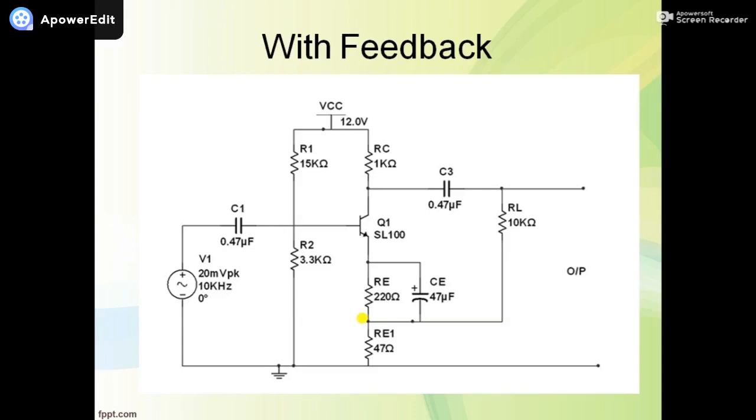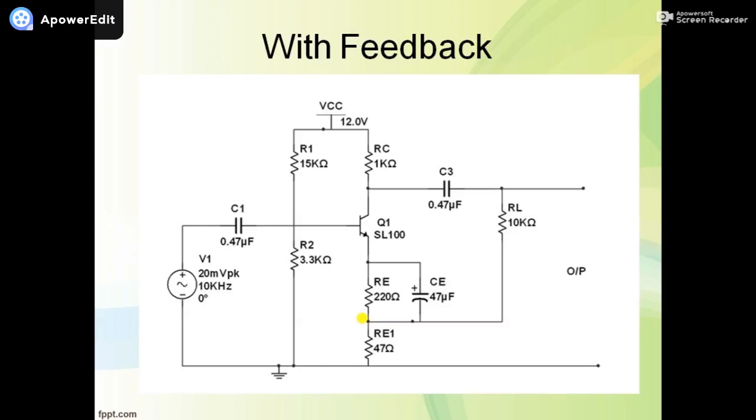These parameters are very important characteristics of a voltage amplifier, and they are nearly constant for a particular voltage amplifier, but sometimes we need to change them. So at that time, with the help of this feedback technique, we can vary the parameters like voltage gain, input impedance, output impedance and bandwidth.